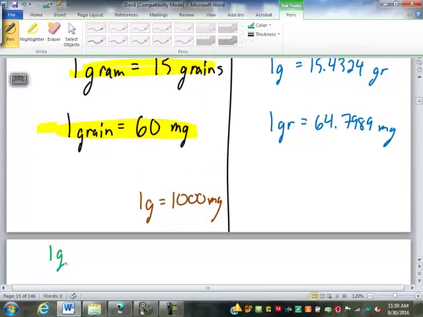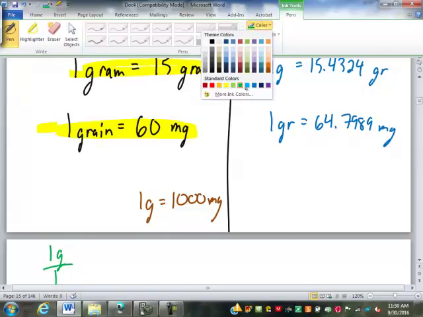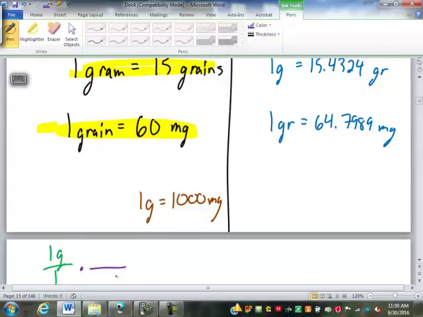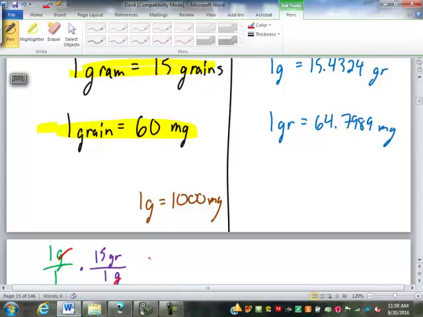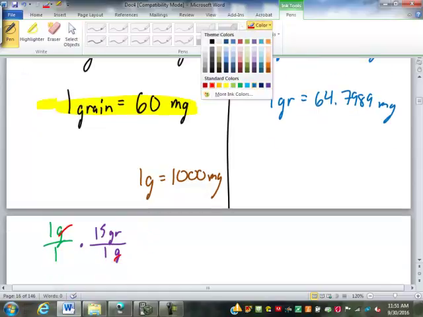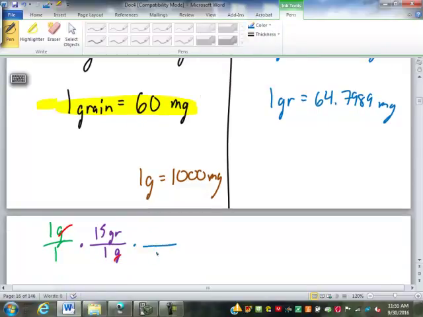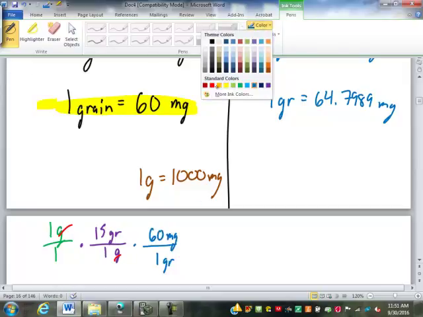If I have 1 gram, put it over 1, and I convert it, 1 gram is 15 grains. So I've canceled out the grams. Then I go, okay, 1 grain is 60 milligrams. So I've canceled out the grains.